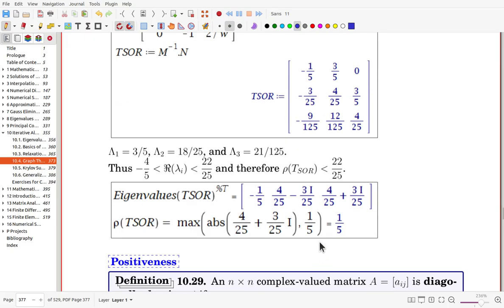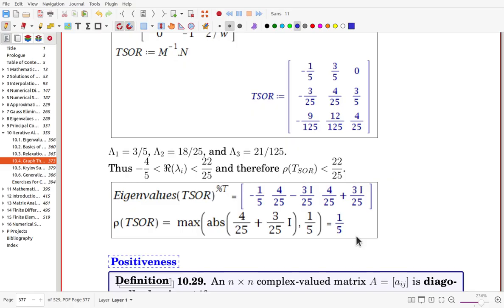Now let's check the spectral radius by using a computer program. Then we can see it is 1 over 5. So through this graph theory, we can check if the spectral radius of the iteration matrix is less than 1.